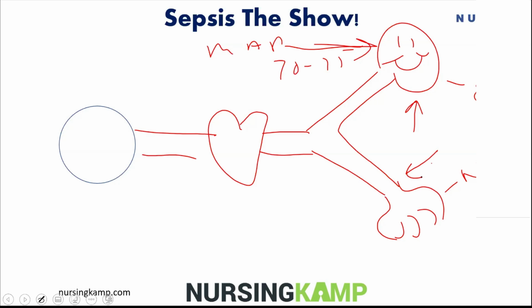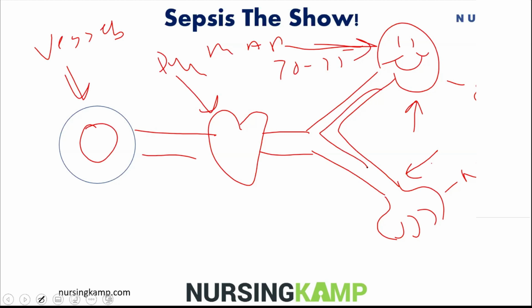So we have three different areas here. We have the vessels, we have the pump, and then we have SVR, systemic vascular resistance, the vessels and their ability to squeeze. Let's talk about one at a time.